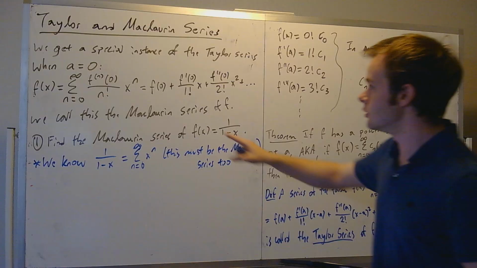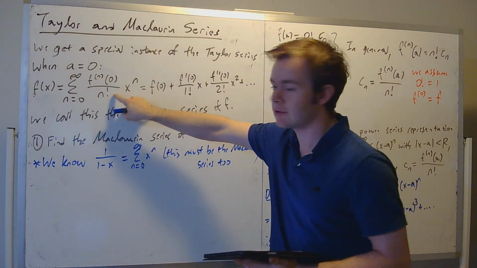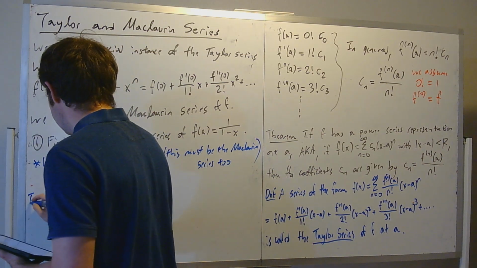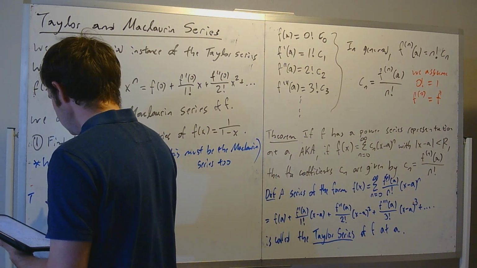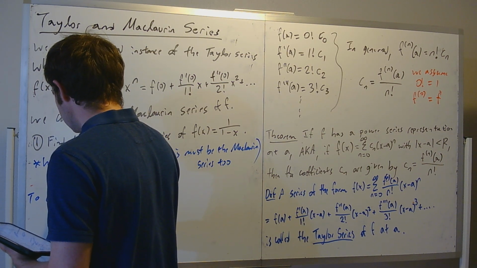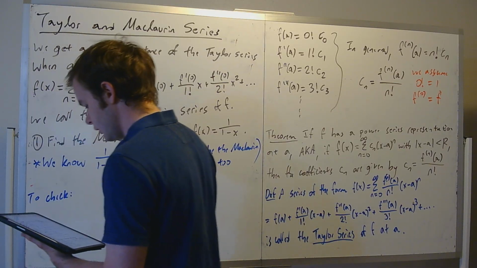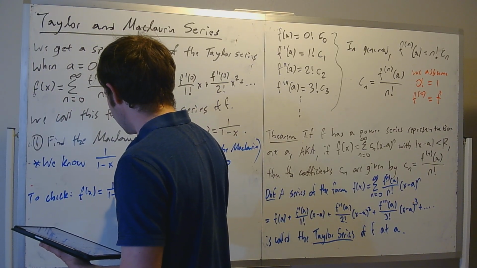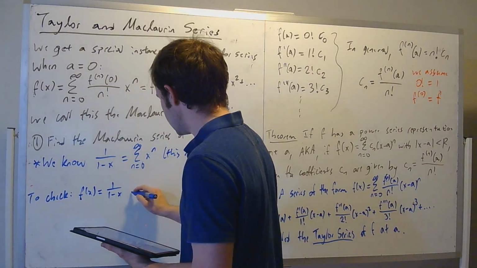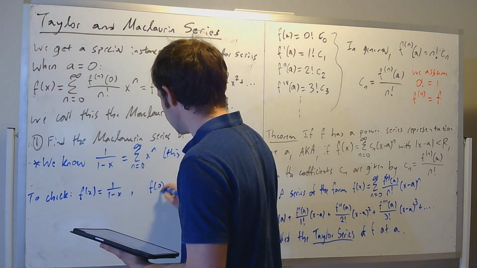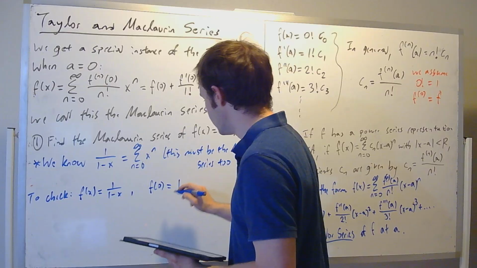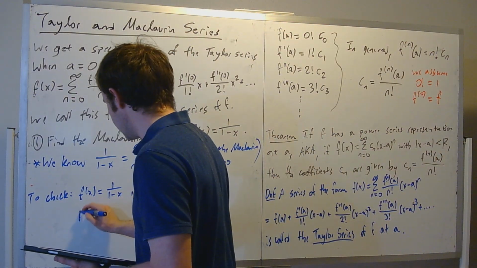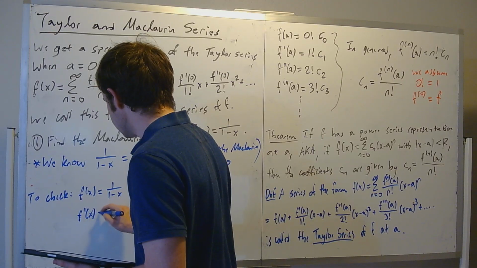So how do we check it? We just manually compute exactly what this is. So that's our goal. To check, let's say here we have f of x equals 1 over 1 minus x. If we plug in 0, we get f of 0 equals 1. Next we have f prime of x.